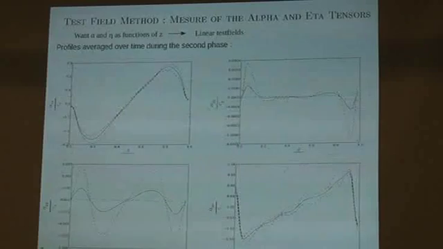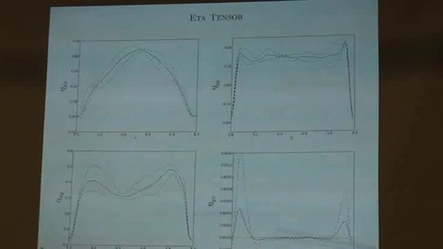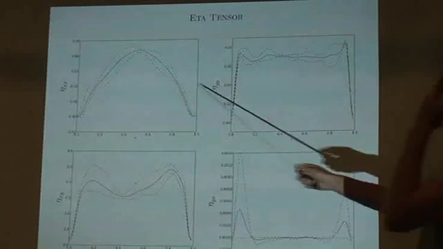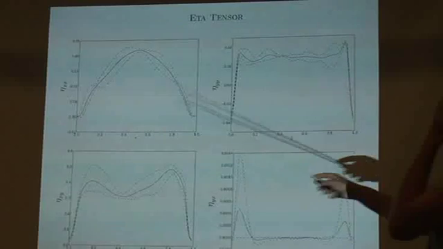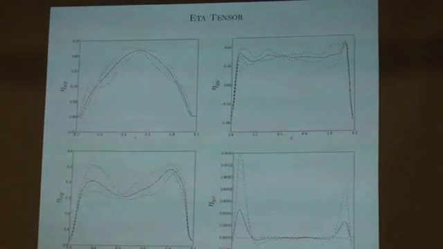I did the same for the eta tensor. Here there are two remarkable points. First, these two components, eta xx and eta yy, don't have the same shape at all. It's not really a surprise because my box is not isotropic. Y is the direction of the shear velocity.